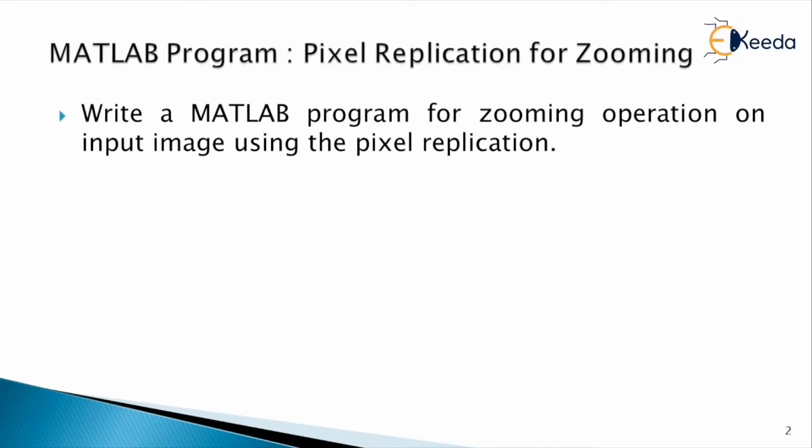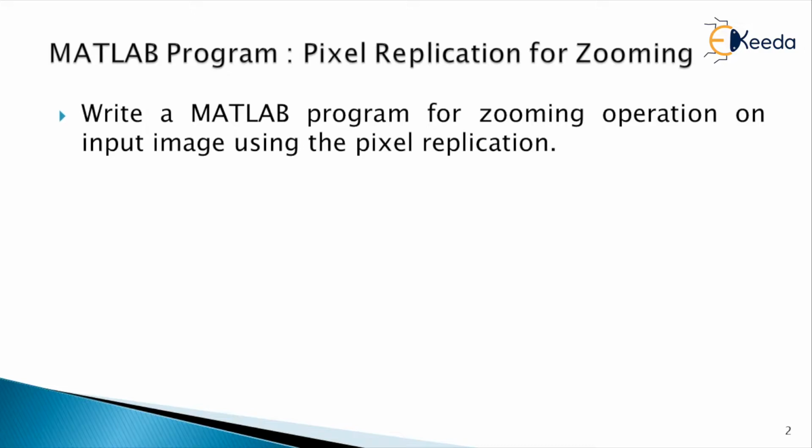I will demonstrate how we perform the zooming operation by pixel replication for an integer zooming factor. Next, we will follow another procedure with the help of which, whatever the value of the zooming factor, even a fraction, we will be able to perform the zooming operation by pixel replication on the input image.